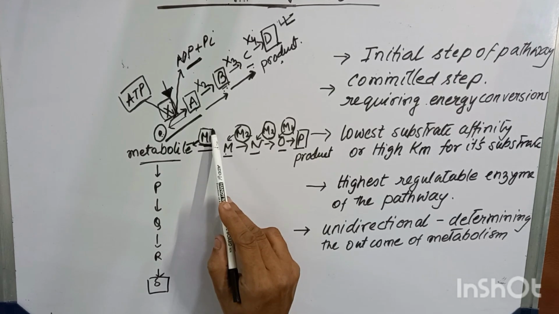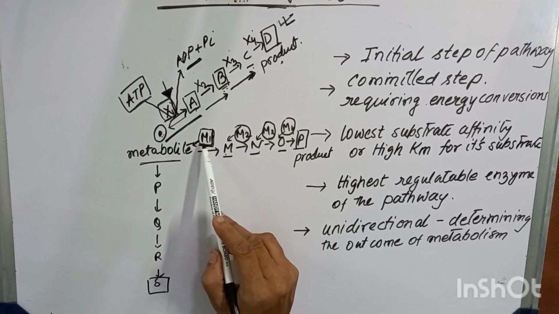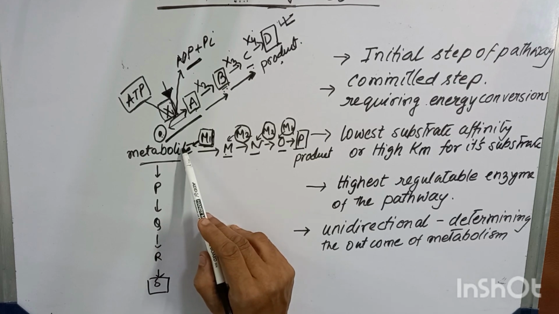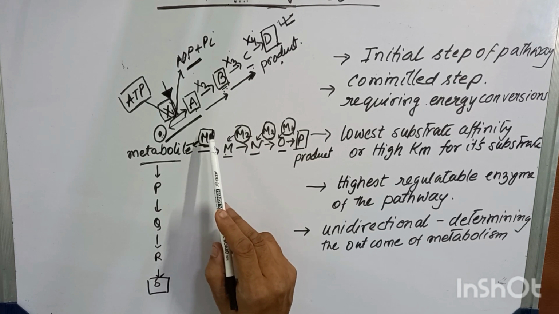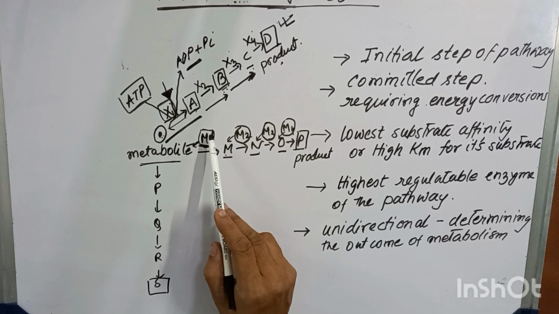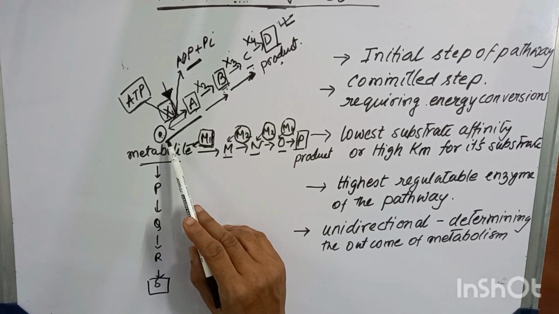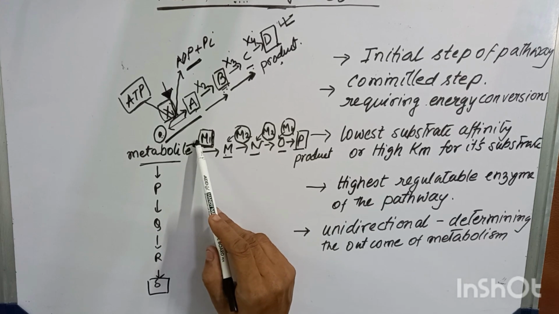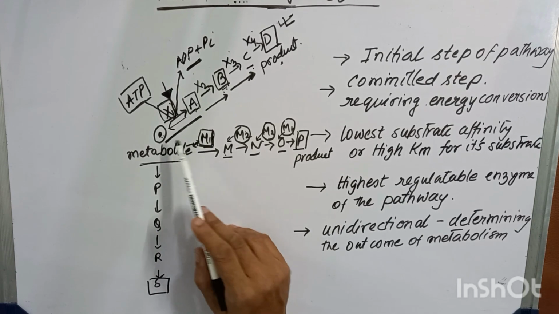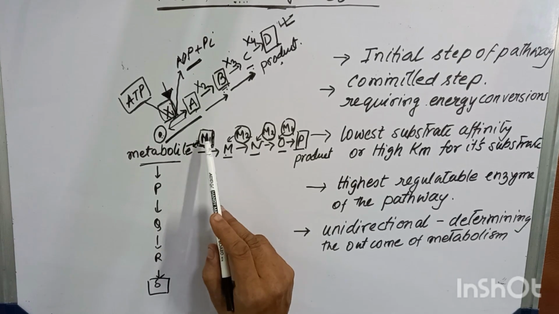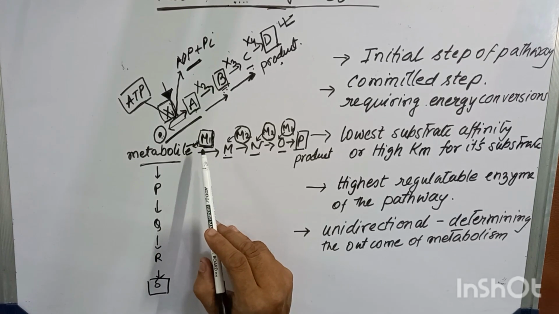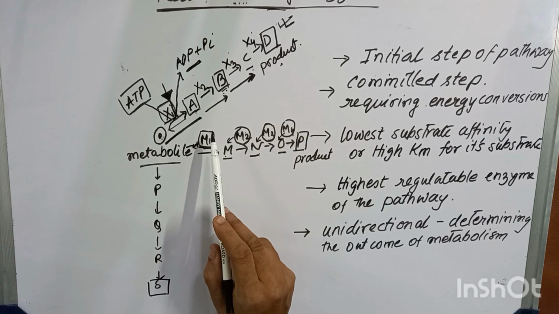The affinity of the enzyme towards its own metabolite, say for the initial step, M1 is the enzyme and O is the substrate of M1, and the Km of this binding should be the highest value, it should be the lowest affinity.